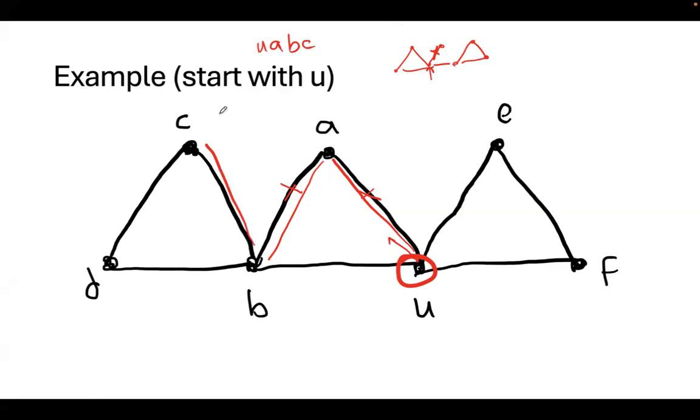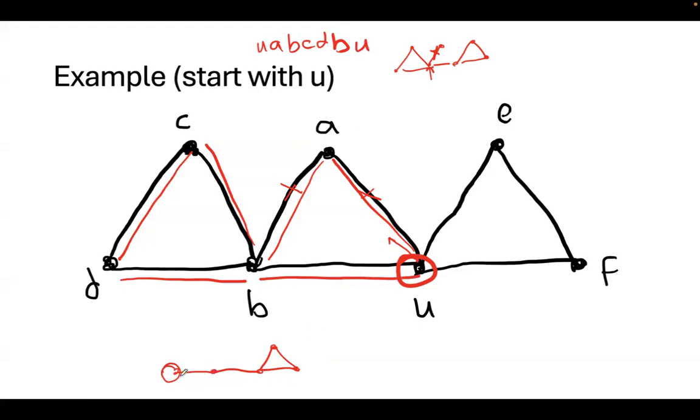And so this continues. So we go down to U to D. And so now our graph looks like this, and we're right here. And so now we do have to take the bridges because there's no other option. So we go across to B, write that down. We go across to U where we started, write that down.